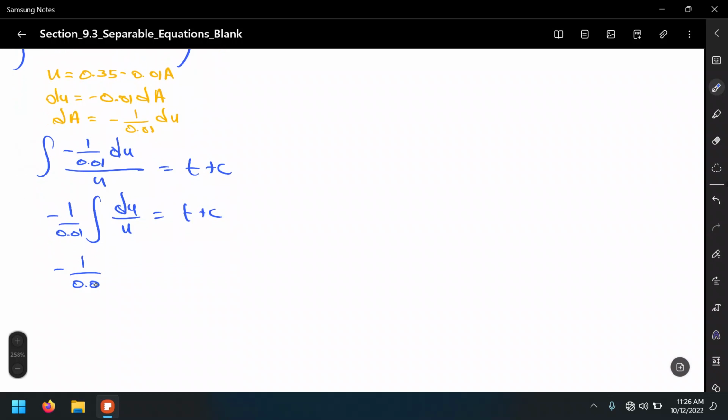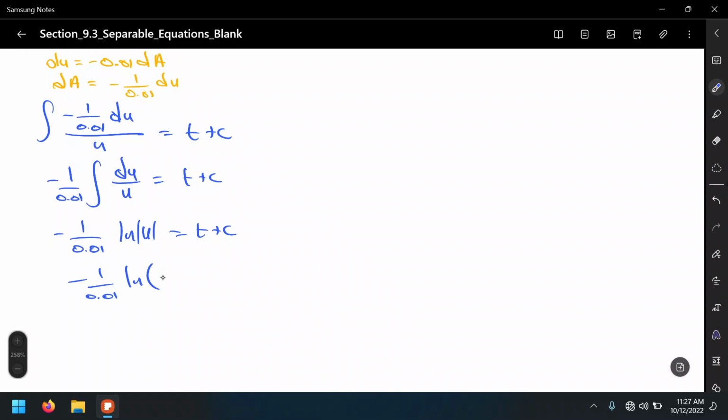Natural log. Negative 1 over 0.01 ln of |u| equals t plus c. But once we substitute the u back in, that could be parentheses, because in this case, we're only looking at positive values of A, so we don't need to care about those absolute values.